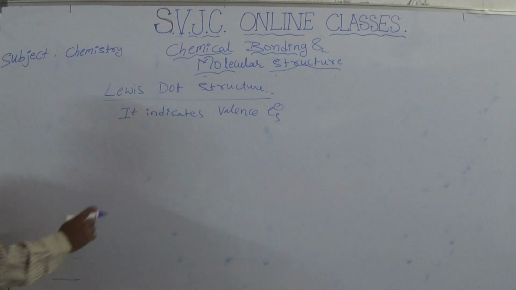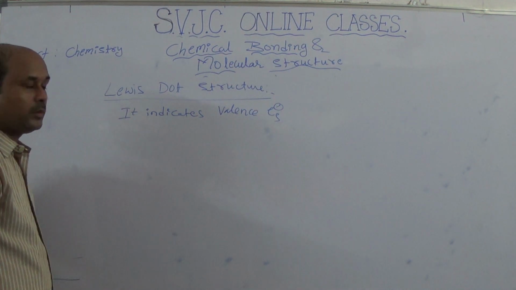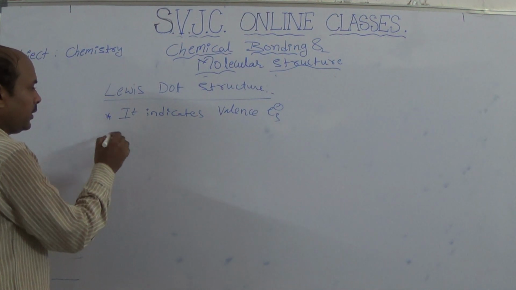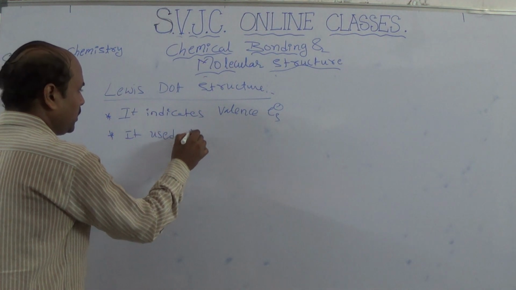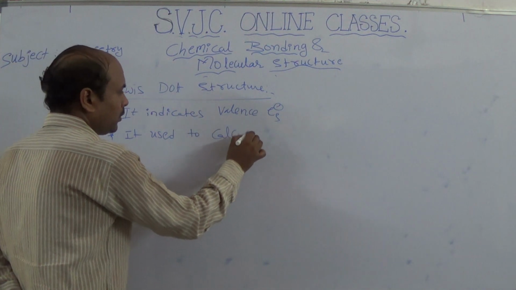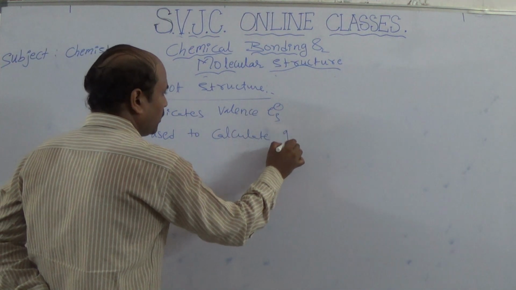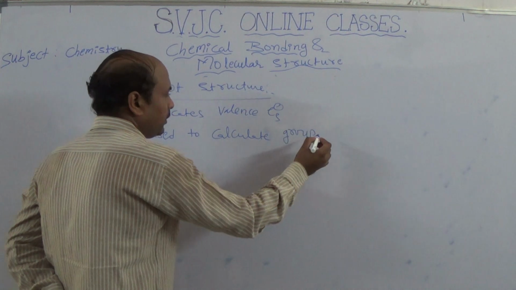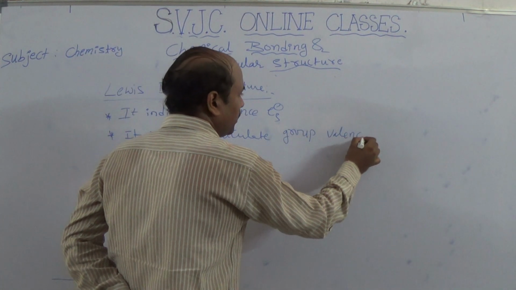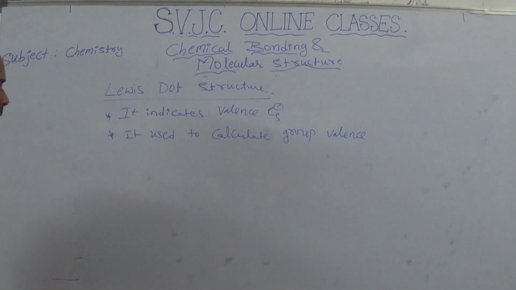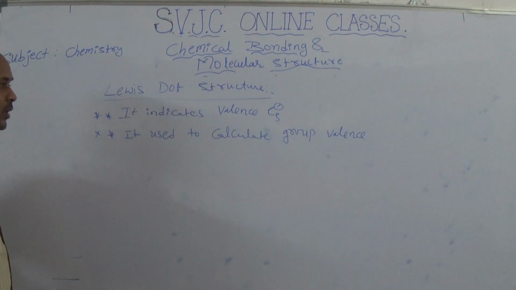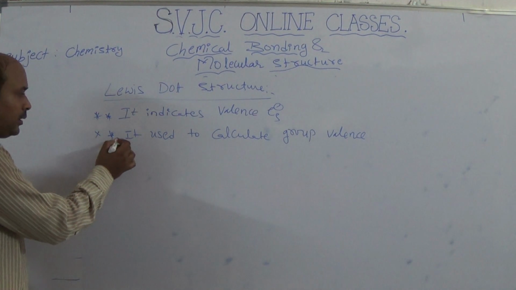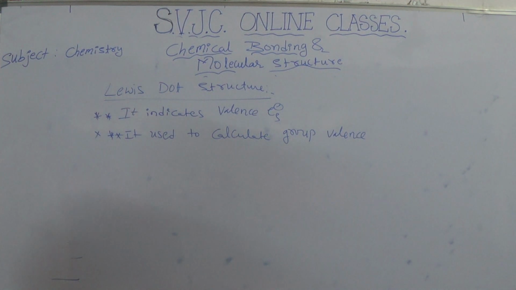Memorize this. And it is used to calculate group valency. Already you know about the Lewis dot structure, but very important is that it is useful to calculate group valency.